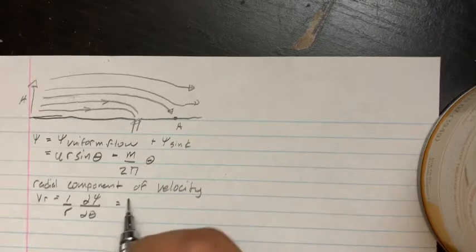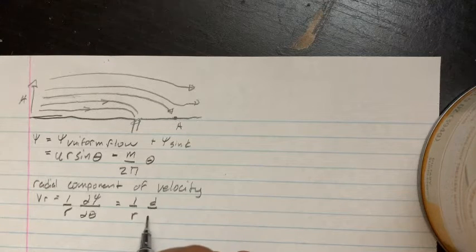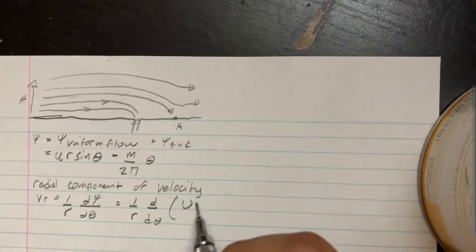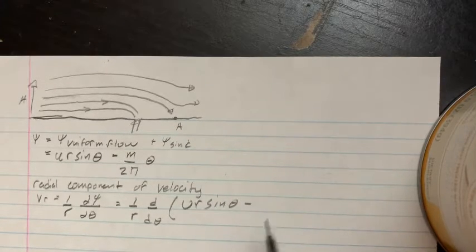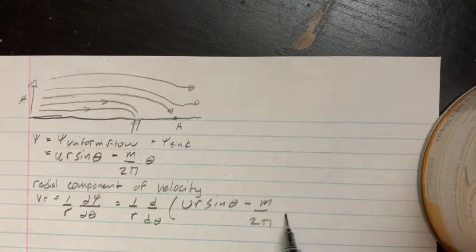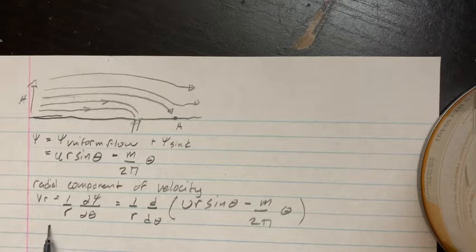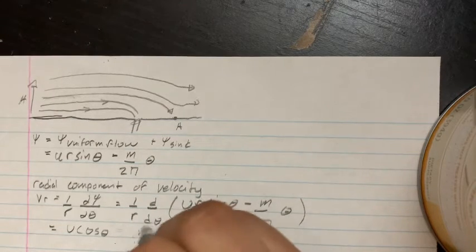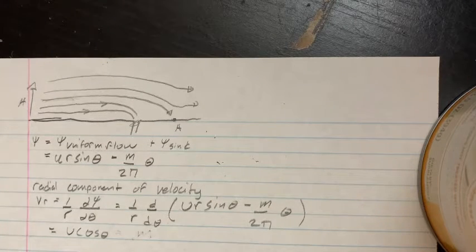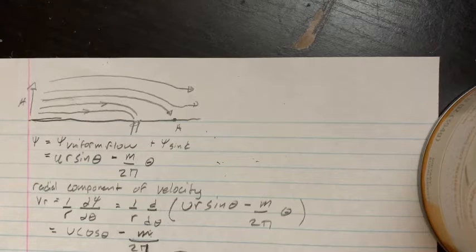Now when you put that in, you get 1 over r, and after you do this partial derivative here, you end up with U cos theta minus m over 2 pi r.